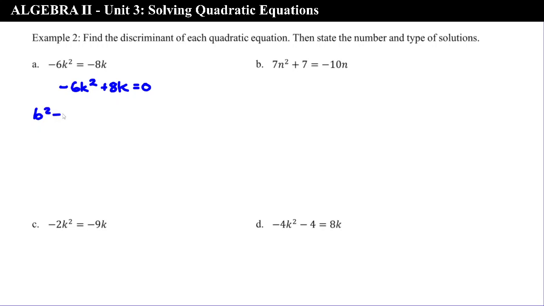So we have b squared minus 4ac. Well, b here is 8. A is negative 6, and we don't have a c term, so it's 0. So that gives us 64, because 8 squared is 64. So since we have a positive number, we have two real solutions.